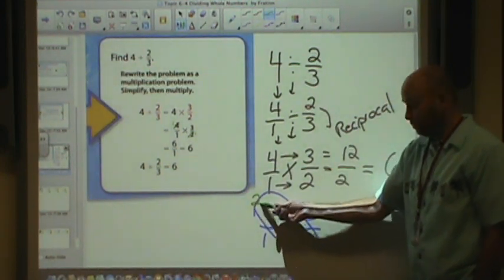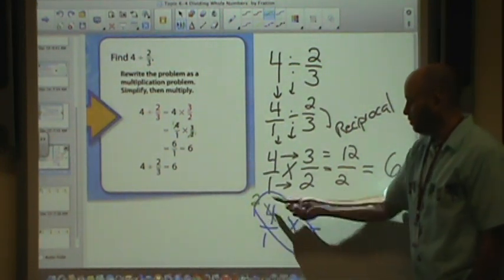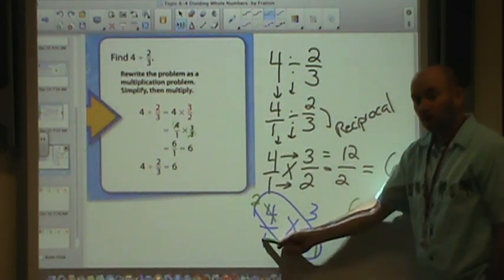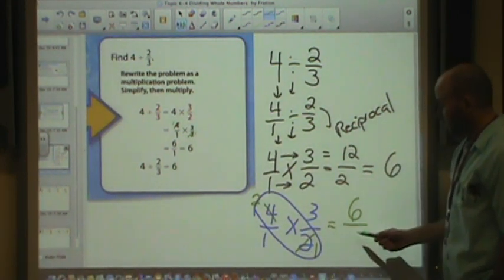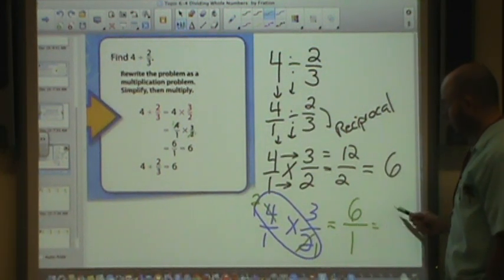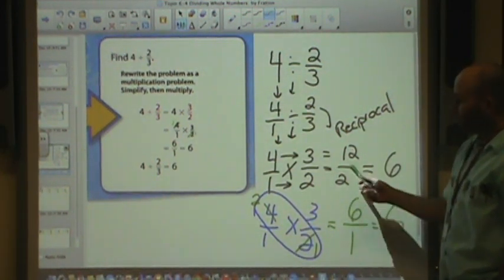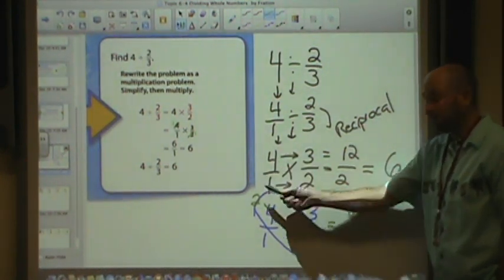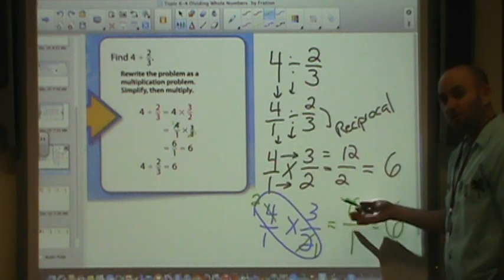And then we can multiply across. 2 times 3 equals 6. 1 times 1 equals 1. 6 over 1 equals 6. So you can do it straight multiplying, or you can cross simplify and then multiply.